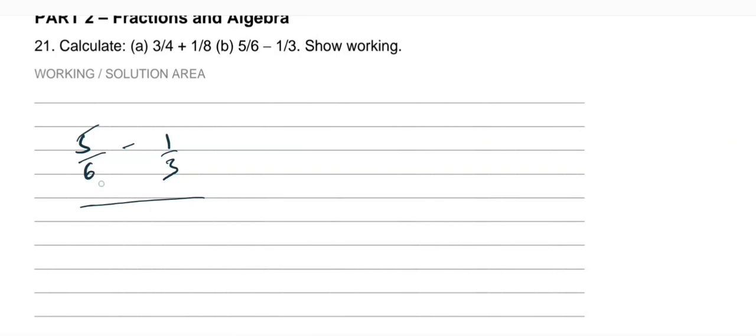So you find the multiples of this one. Multiples of 6: 6 times 1 is 6, 6 times 2 is 12, 6 times 3, 18, 6 times 4, 24. Have you seen it? Then you come to multiples of 3.